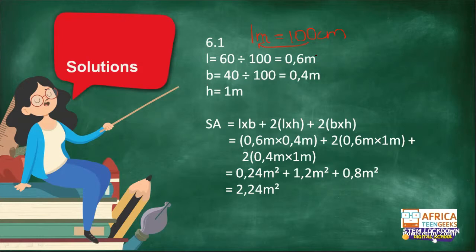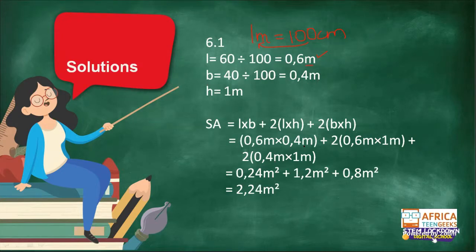So your length is 0.6, and then your breadth is 0.4. Then your height is 1. Right? So all you do, first of all, write the formula as is. Then where you see length, replace it with your length, which is 0.6 in meters, remember? And then your breadth is 0.4.